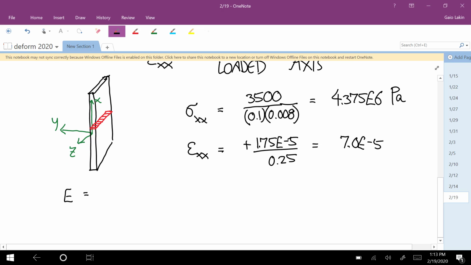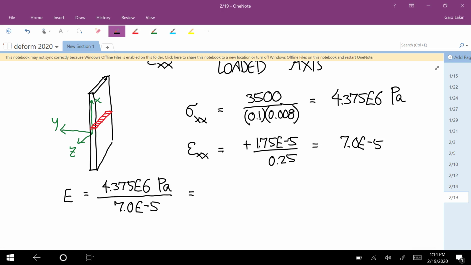And so Young's modulus is 4.375 times 10 to the 6 pascals over 7.0 times 10 to the minus fifth. And you get, it's like 60 something, 60.